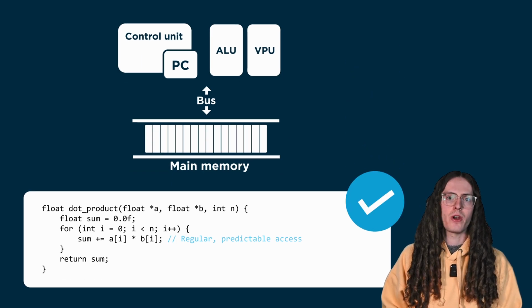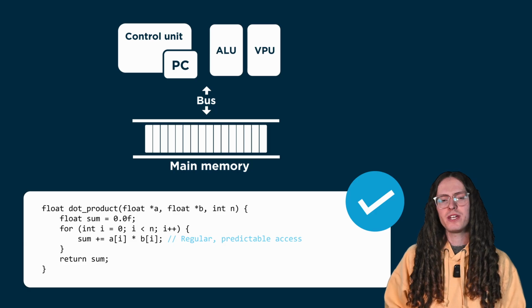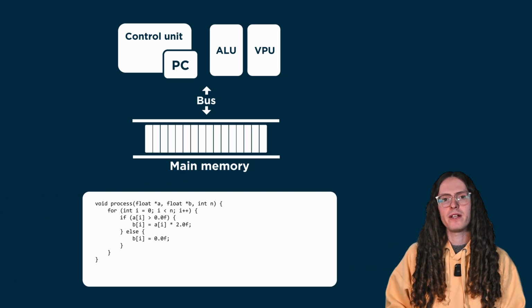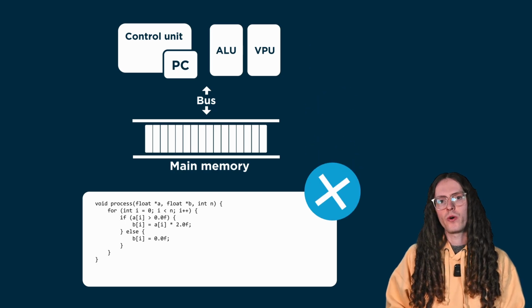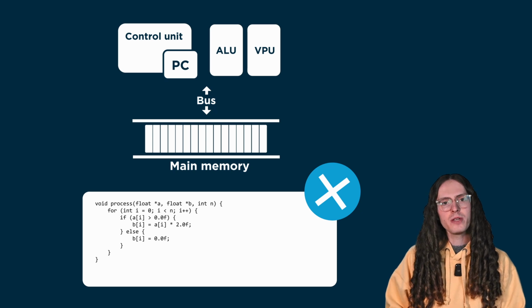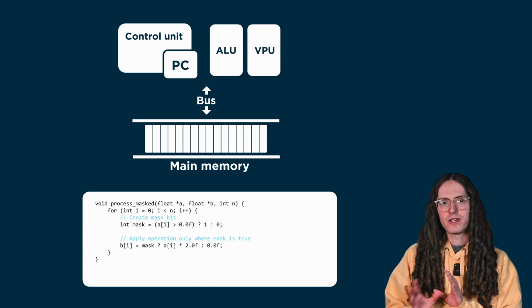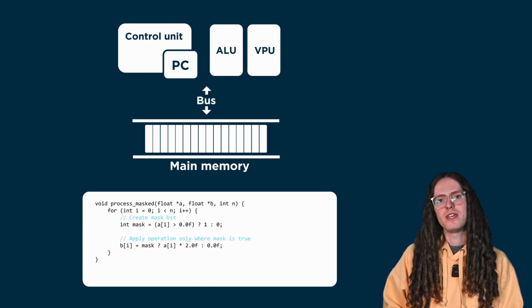This works nicely for operations with regular access patterns, such as a scalar product, but for computations with branching control flow, for example an if statement, then the compiler is frequently unable to vectorize automatically, as it cannot prove that the transformation is valid. Modern approaches to vectorization will use techniques like masking, i.e. the use of an auxiliary bit per element to indicate inclusion or exclusion from the computation.